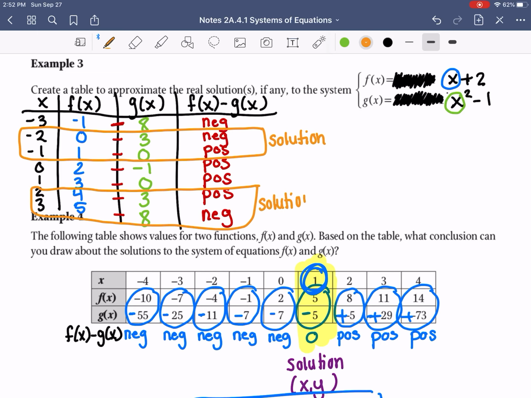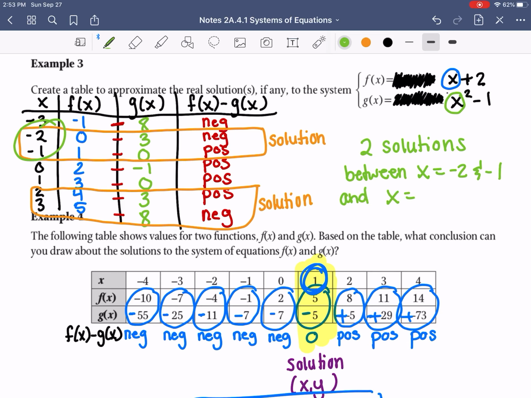So to approximate the answers, we're going to say there's two solutions. Those two solutions are x equals, one between -2 and -1, and one between 2 and 3.